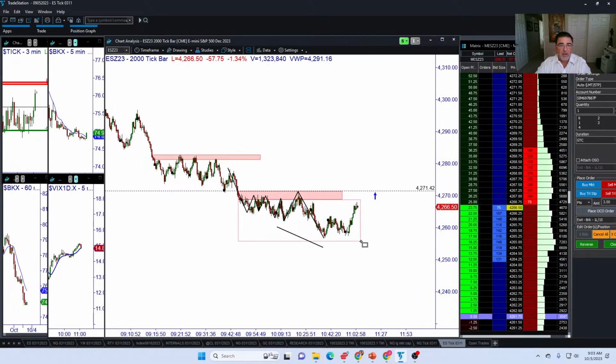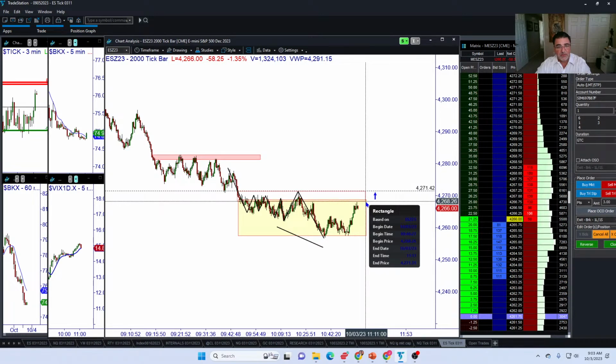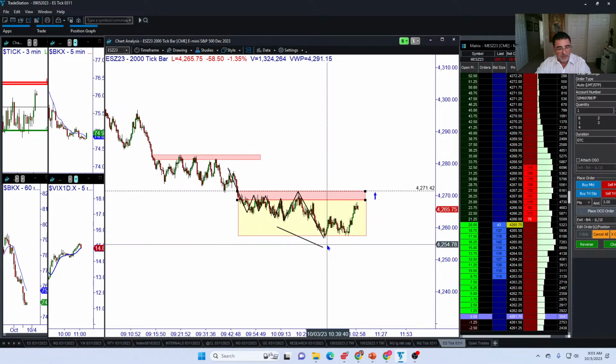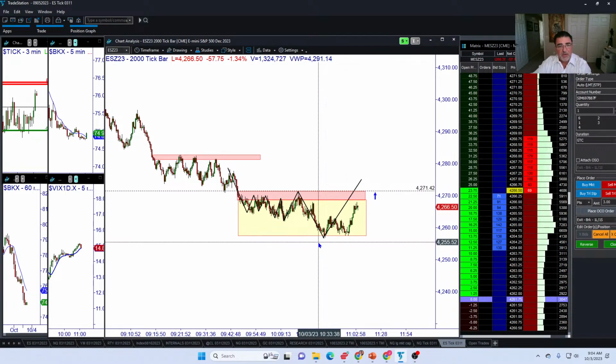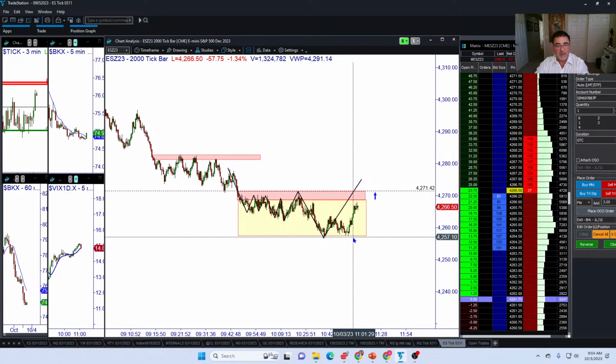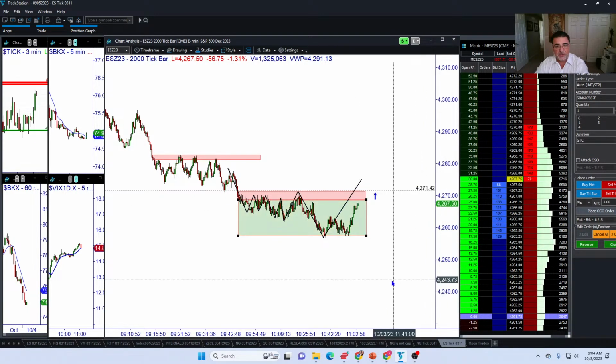As we are identifying potentially a fresh accumulation of orders, it's not confirmed until price takes out the sellers. Once price takes out those sellers, we will have a fresh buy territory.